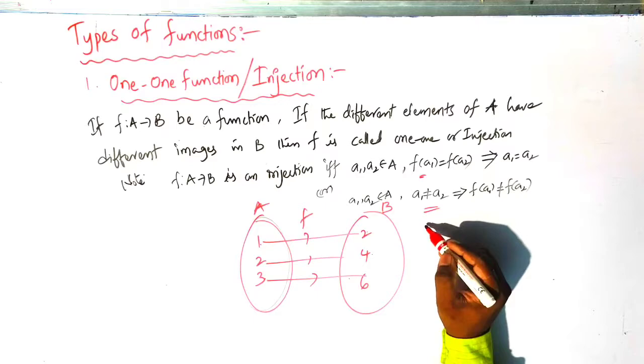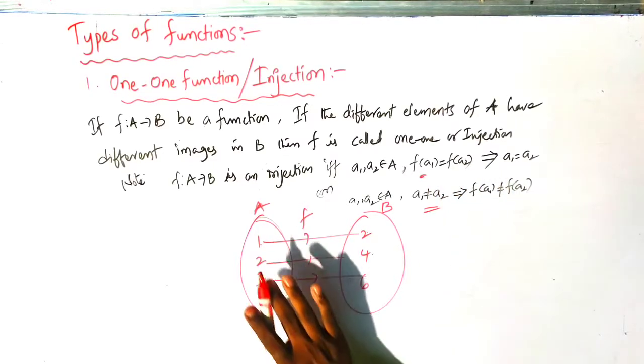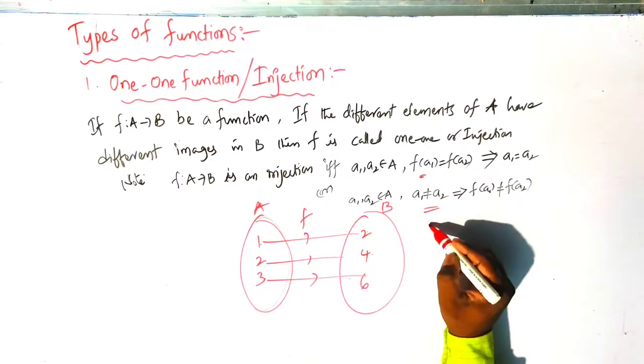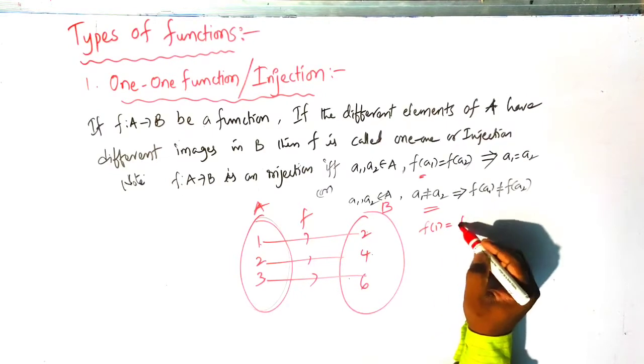So what is the first condition here? f of A1 equals f of A2. f of A1 means this one. So f of 1 is equal to f of 2?